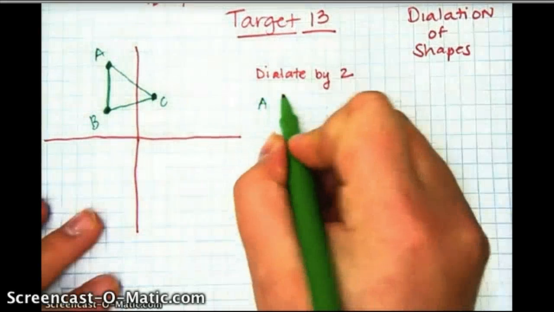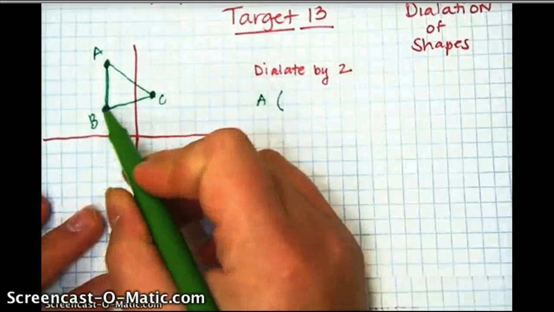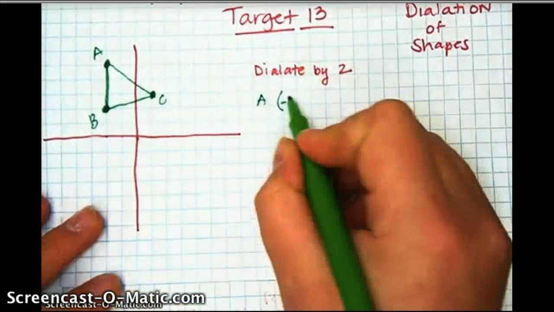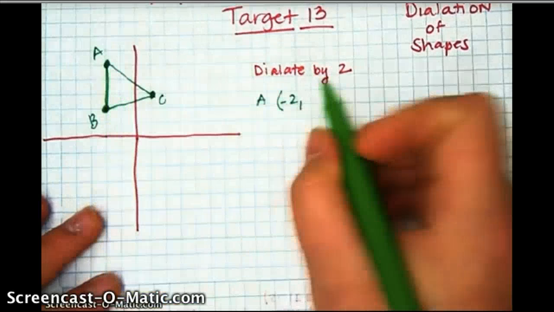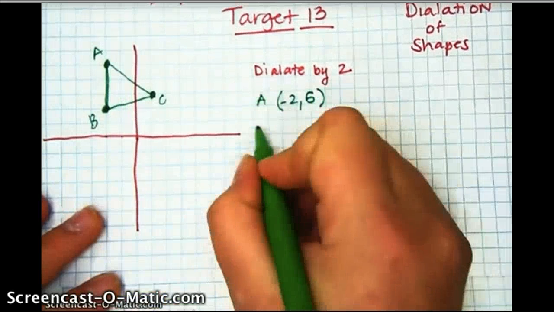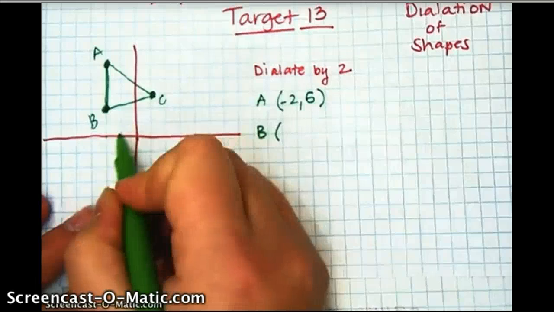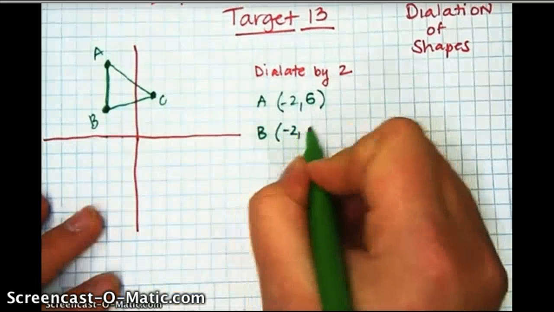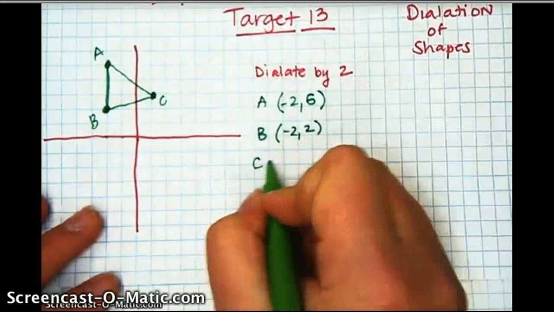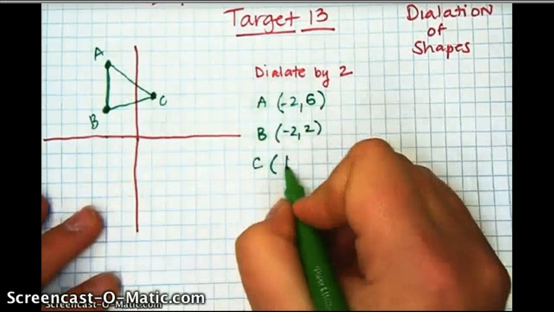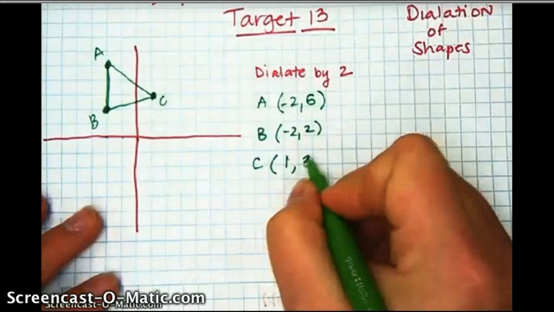So A is at x of -2, and the y is 1, 2, 3, 4, 5, so -2, 5. B is, the x is -2, and the y is 2. And then C, the x is 1, and the y is 3.